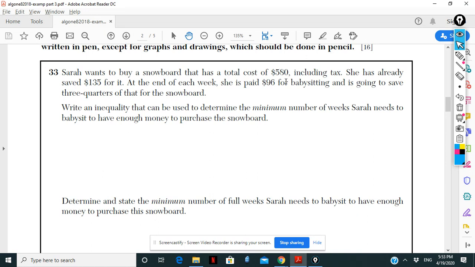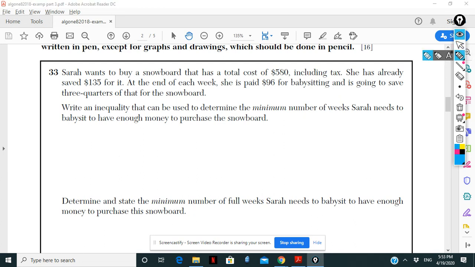At the end of each week, she's paid $96 for babysitting and is going to save 3/4 of that for the snowboard. Write an inequality used to determine the minimum number of weeks Sarah needs to babysit to have enough money to purchase the snowboard.